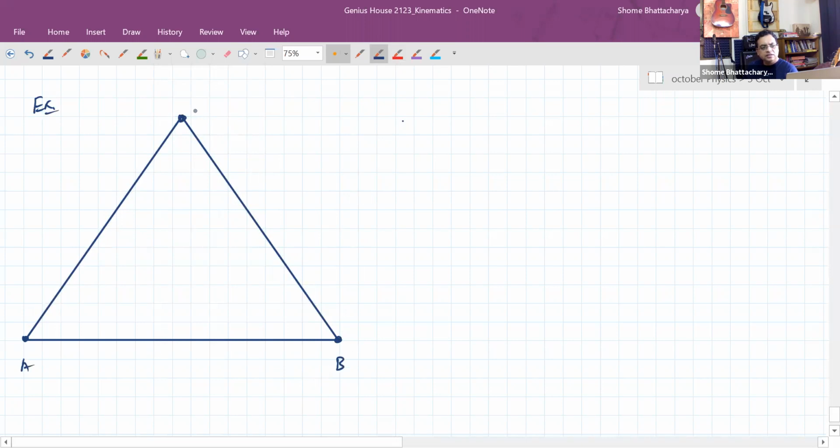So A, B, and C are three particles which are located at the corners of an equilateral triangle initially at time t equal to 0. And what happens is that they are chasing each other at a constant speed of v0.